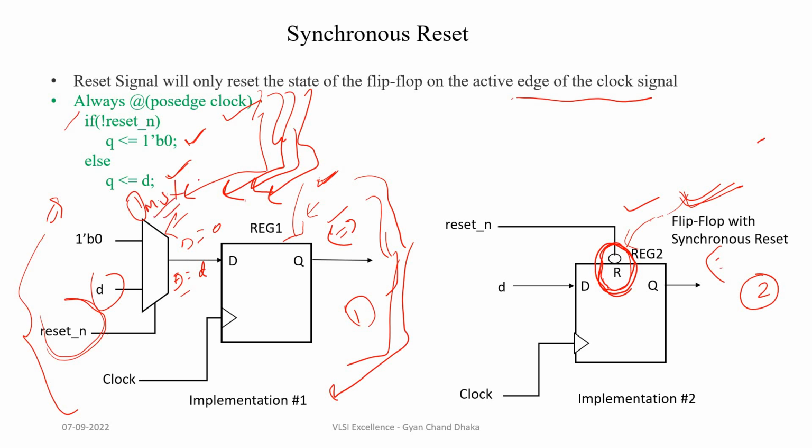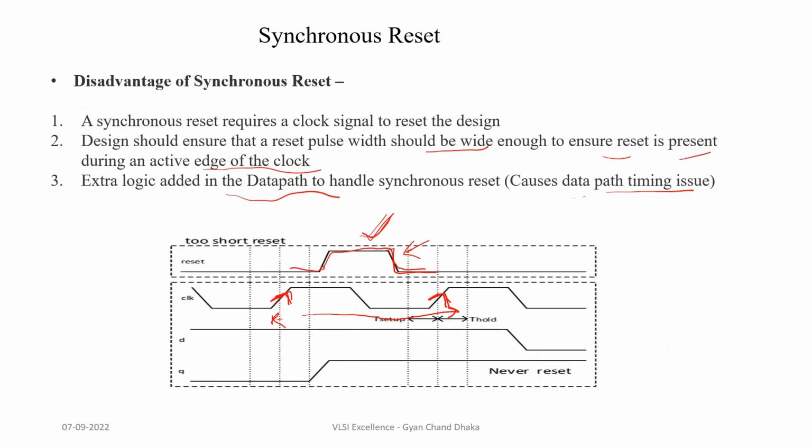If our standard cell library does not have a synchronous reset flip-flop, then the implementation will look like this, and the extra mux as well as the reset signal is added in our data path. This will add extra data path delay, and it can have an effect on our timing requirements. It can make the timing requirements harder to meet. So this is a further disadvantage of synchronous reset.